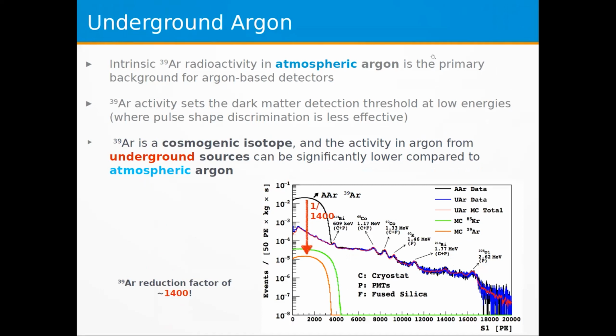So that's the first step, to use the underground argon. Argon-39 is just a cosmogenic isotope, and using underground argon can give us significantly lower levels of this isotope.